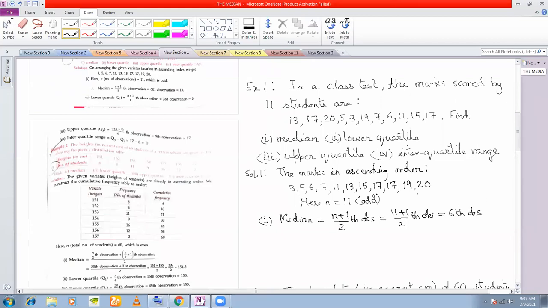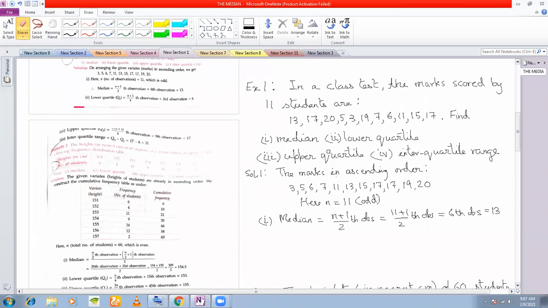And the 6th observation here is, this is your first, second, third, fourth, fifth, and sixth. Finally, the median is 13. So this is how we find out the median. We have done this back in class 9. So this is your median.